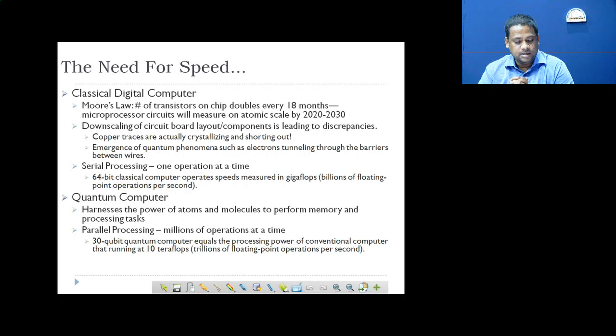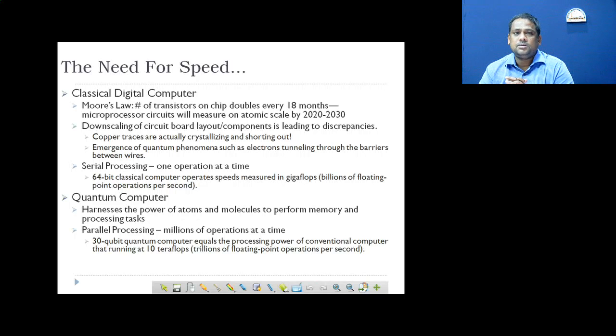When we look at the quantum computer, it harnesses the power of atoms and molecules to perform memory and processing tasks. Majorly it supports parallel processing, where millions of operations can be done at a time, which is not possible with the existing classical digital computer. For example, a 30 qubit quantum computer equals the processing power of a conventional computer running at 10 teraflops, that is, trillions of floating point operations per second.